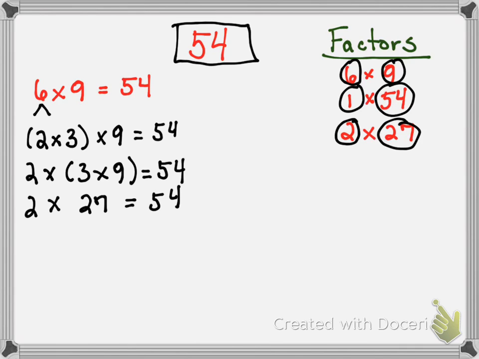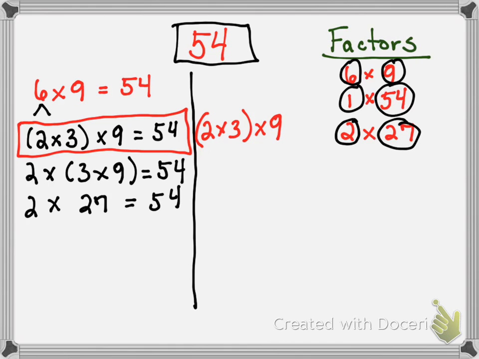But we can still continue using the associative property and the cumulative property. If we go back to this problem right here, 2 times 3 times 9 equals 54, and we set it up over here the same way, we are now going to use the cumulative property, and that just means that we're just changing the order.